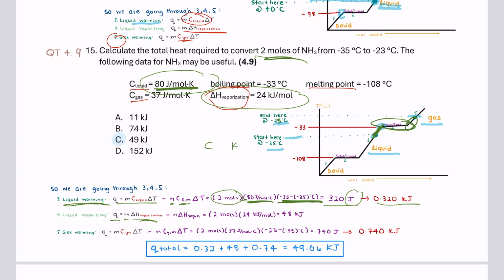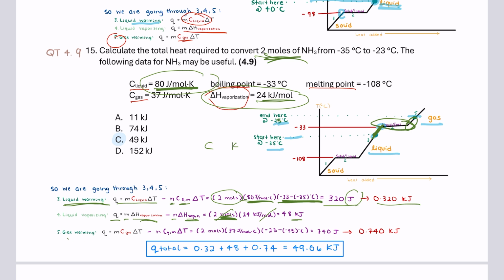So we can use the molar form of this equation, Q equals n multiplied by delta H vaporization in its molar form. Now we can plug in the values we know. n is 2 moles, and delta H vap is 24 kilojoules per mole. Notice moles cancel out. We're going to get our final answer in units of kilojoules. 2 times 24 is equal to 48.